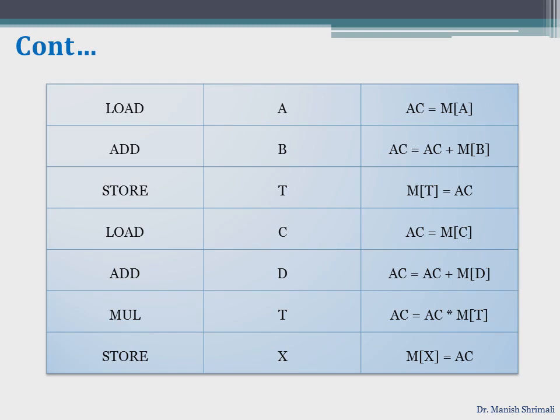That is why now we are storing, and X is our resultant register in which we are pointing this memory location to the contents of the accumulator, and this accumulator holds our final result of A plus B into C plus D. So this is how one address instructions are being used in our computer.